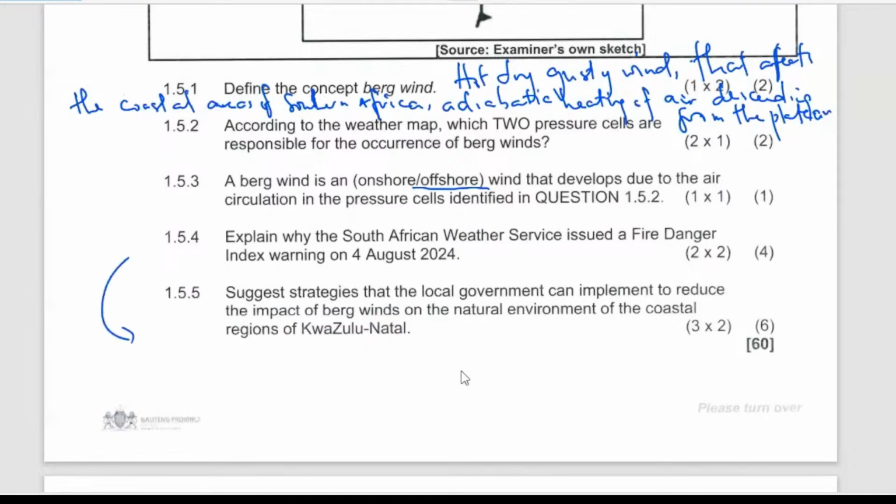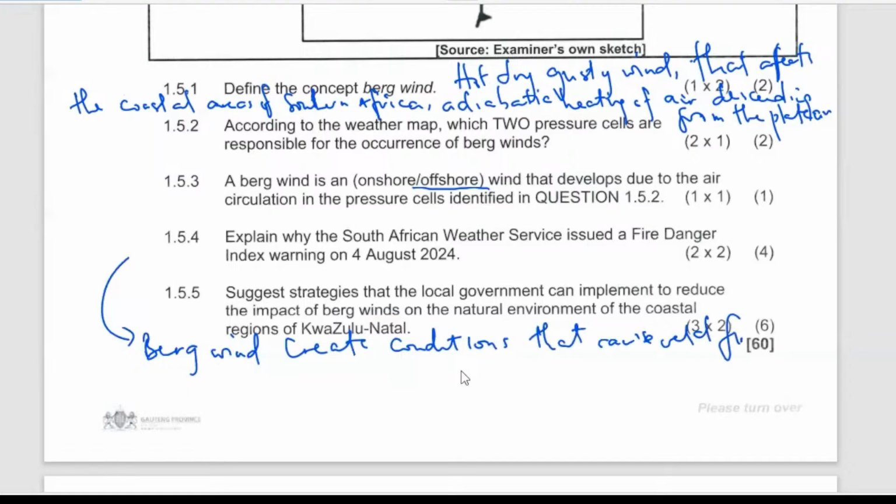Let me try to explain here. The Berg winds create conditions that cause wildfires. What are the conditions associated with the Berg winds that facilitate wildfires?